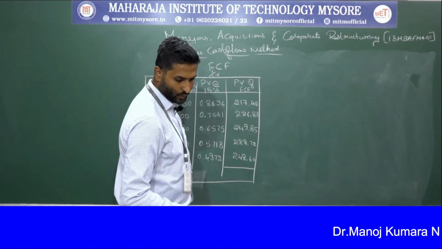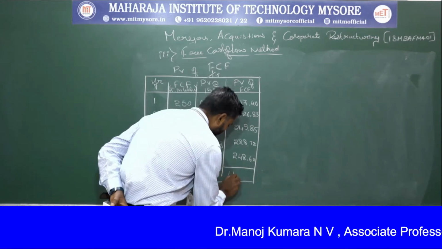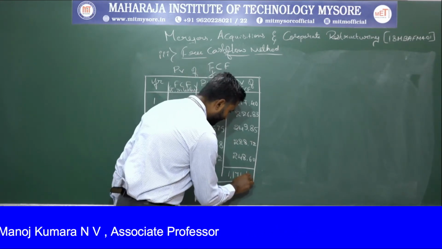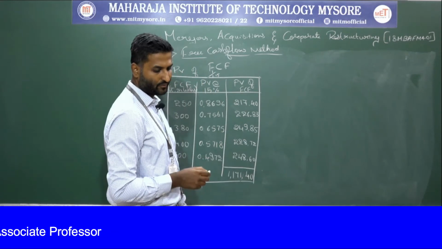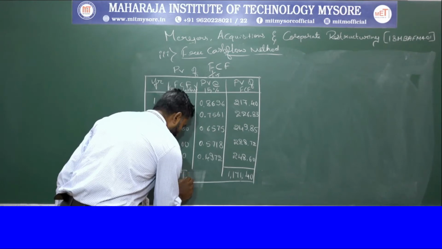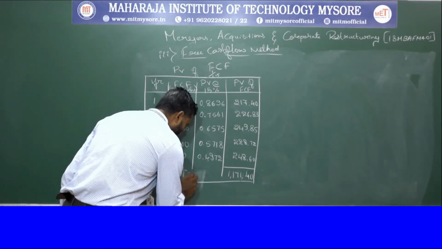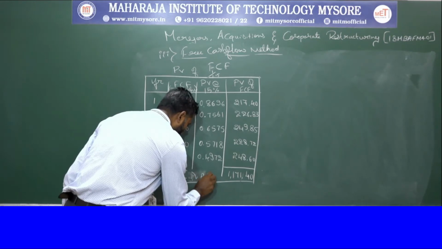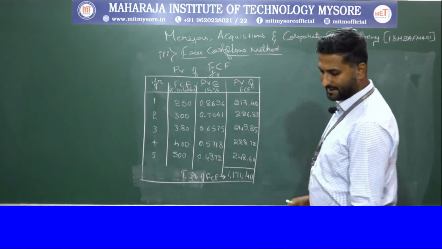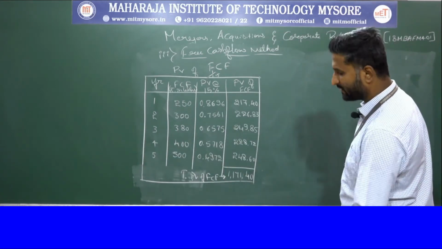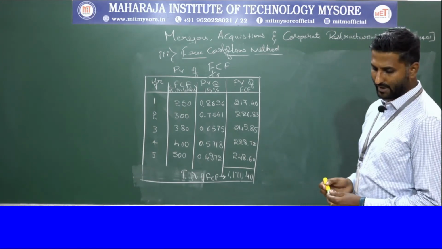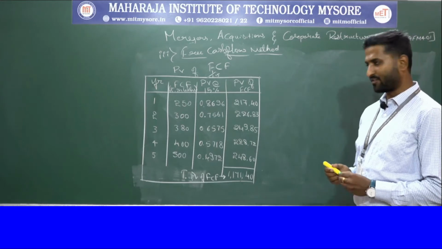So when we take the total of that, it becomes 1171.40. So after you have calculated the total of PV of FCF, once you have calculated the total present value of free cash flows, then we are going to extend beyond the forecasted period.